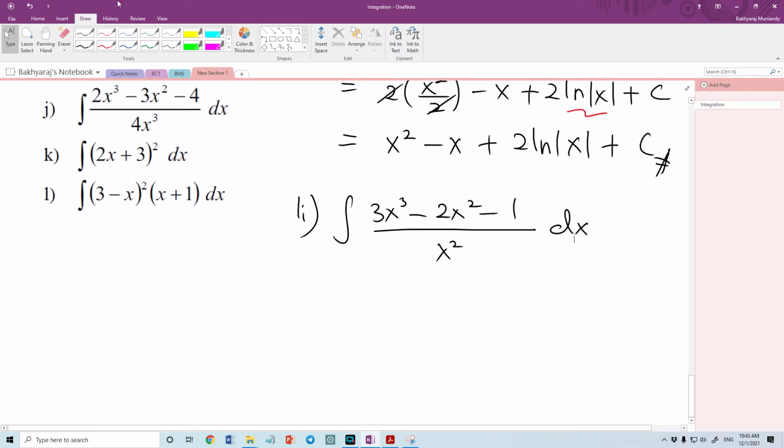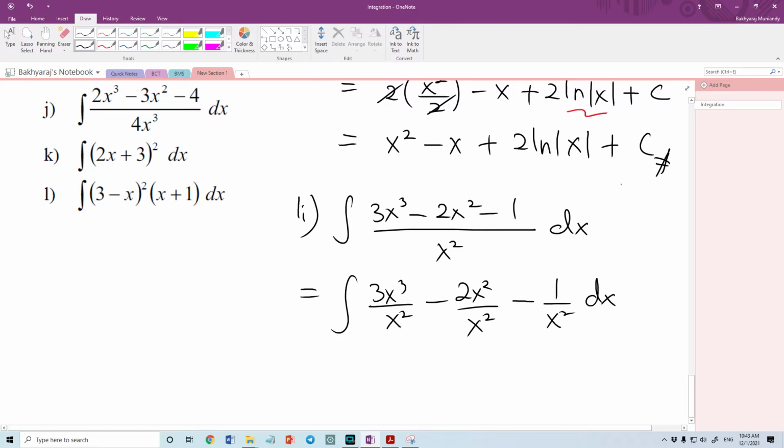So you get 3x to the power of 3 over x squared minus 2x squared over x squared minus 1 over x squared dx. When I cancel, I get x, this one all cancels, and here I get 1 over x squared.